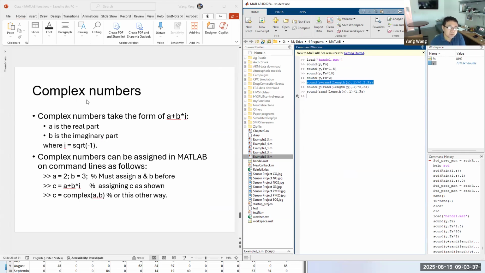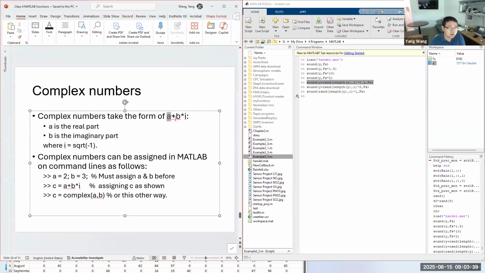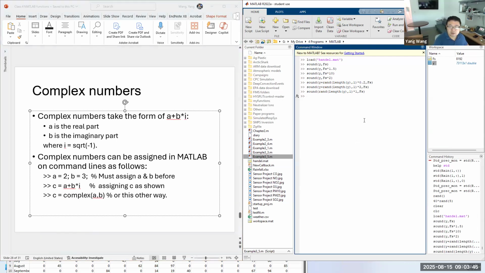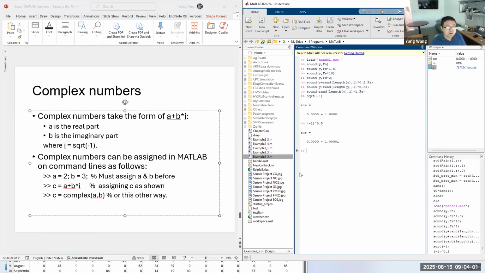So basically, any complex number can be shown with a real part or imaginary part, right? So i is the square root of -1. So for example, if you type in sqrt(-1), you're going to get that, right? But at the same time, if you do -1 to the power of 0.5, well, it's the same thing here, okay?